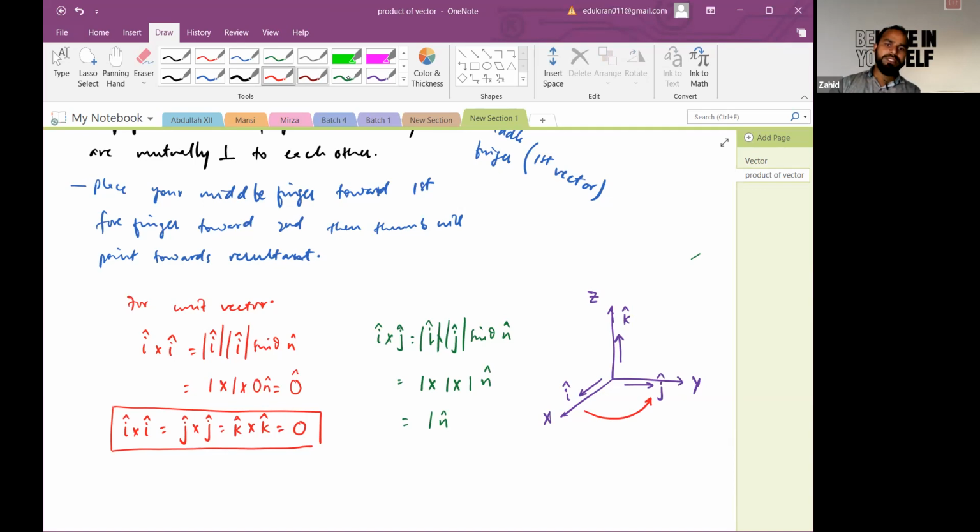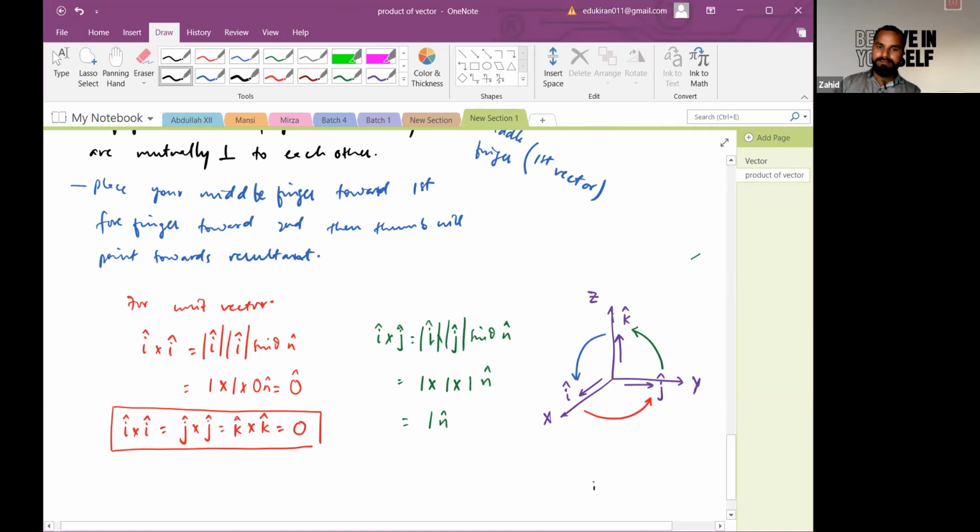Similarly, j cross k in the anticlockwise direction will be i, and lastly k cross i will be j. Whenever you move in the anticlockwise direction, it gives a positive value, but if you move in the clockwise direction, it gives a negative value.